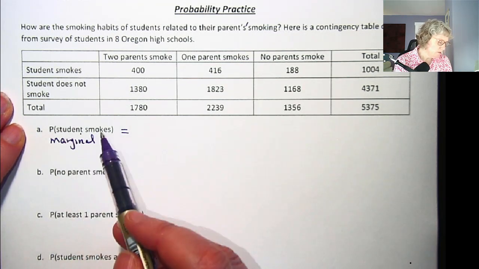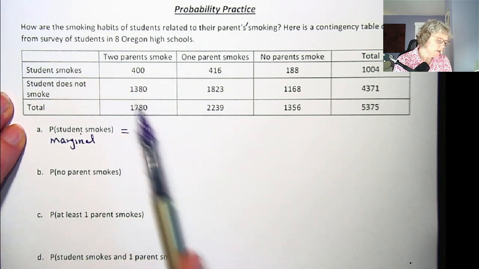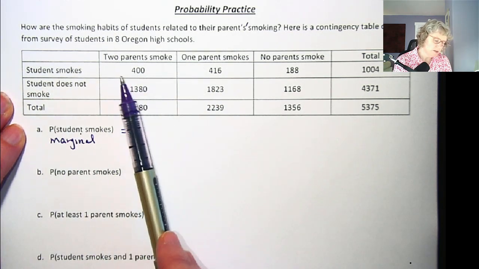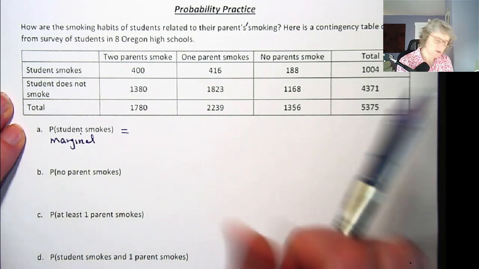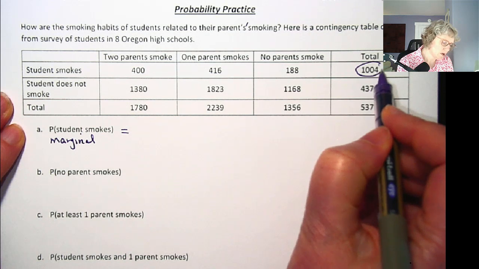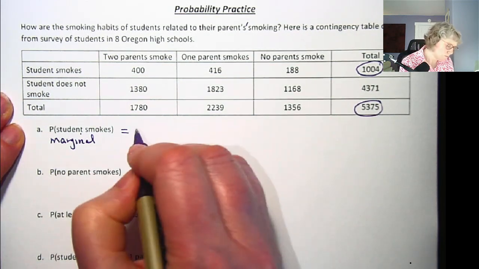So probability student smokes. Let's look for all of the students in here that smoked. They're not saying anything about the parents, so we're going to go all the way over to the total of 1,004 out of 5,375.